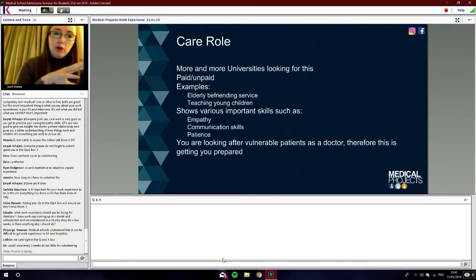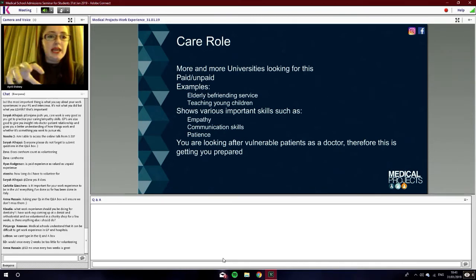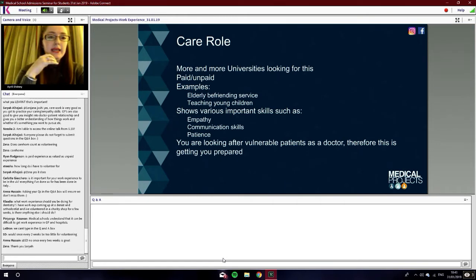So yeah, care role blurs a little bit into this volunteering section, because obviously being in a care role, you can do it volunteering wise. As I mentioned, being in a hospice was my care role, okay? You can do care roles if you work with disabled children, for example. What they're looking for in a care role is whether you're working with a vulnerable person, okay?